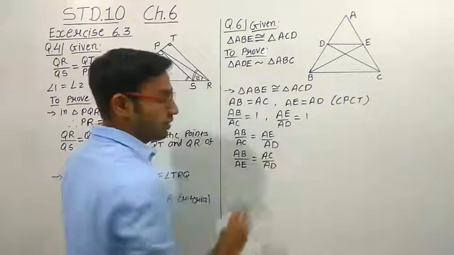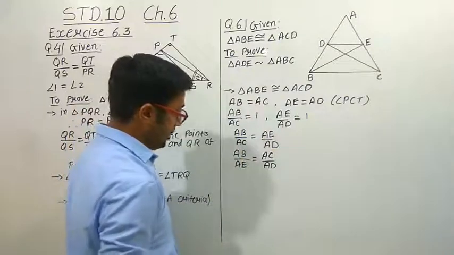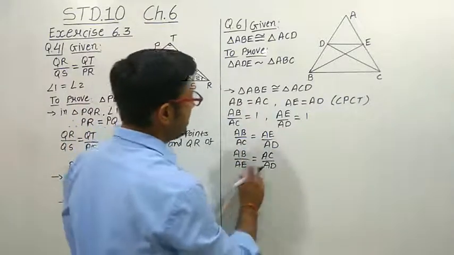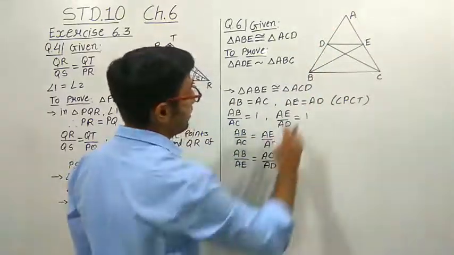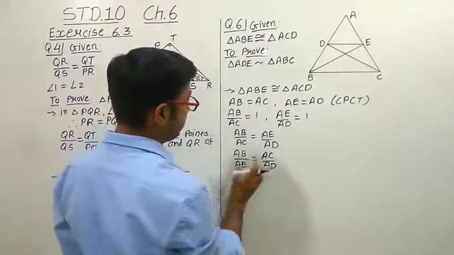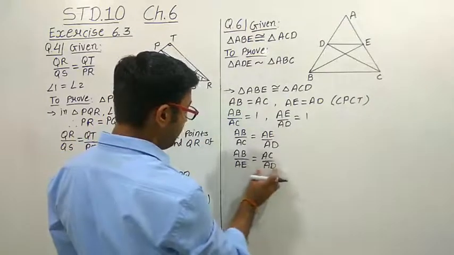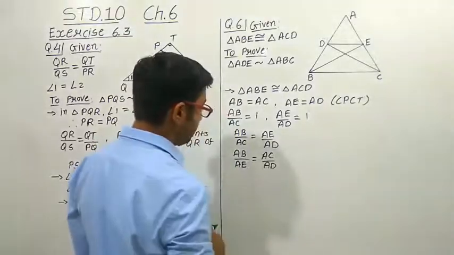This will be easy for you to understand. Now see, AB is the smaller side, and what we require here is AD in the denominator of the AE.